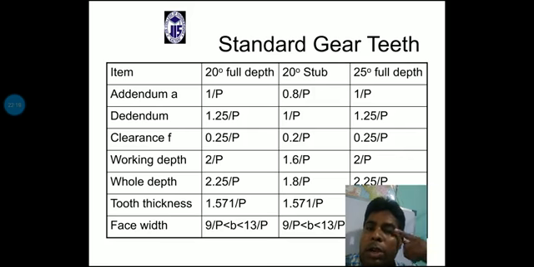Addendum is identified by small a, then dedendum, clearance, working depth, whole depth, tooth thickness and face width. For the first case, 20-degree full depth, addendum will be 1 by P. Here P is the diametral pitch. So 1 by P.